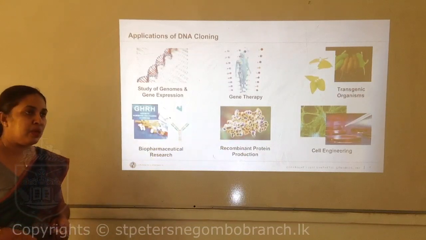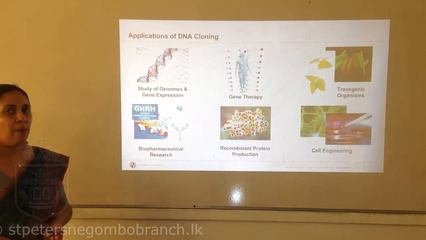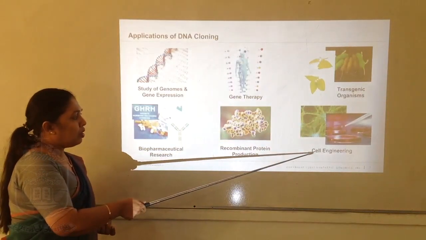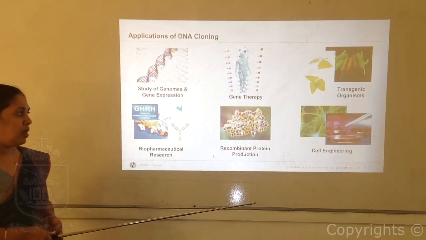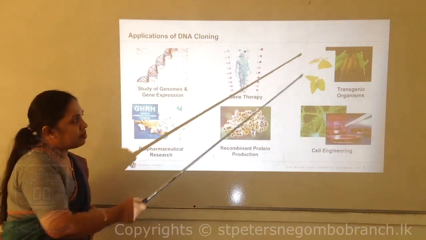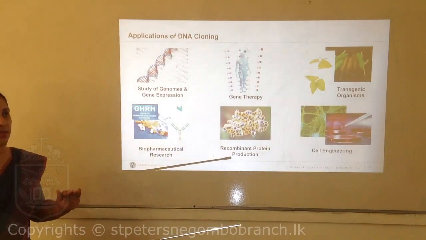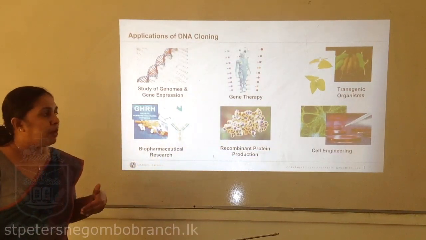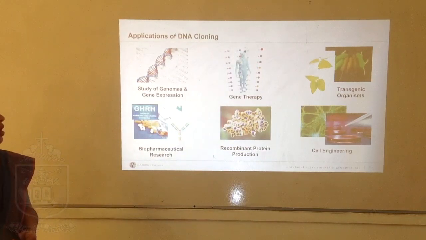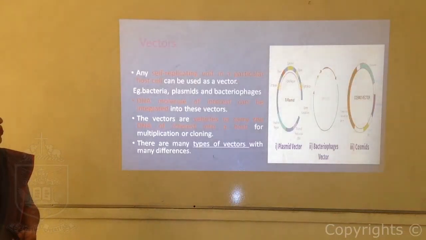These proteins can be used as vaccines as well as many antibiotics, and also cell engineering. We are forming recombinant cells, and it goes to transgenic organisms. Those cells we are integrating into organisms and forming transgenic organisms. Those are some of the areas which are using DNA cloning.